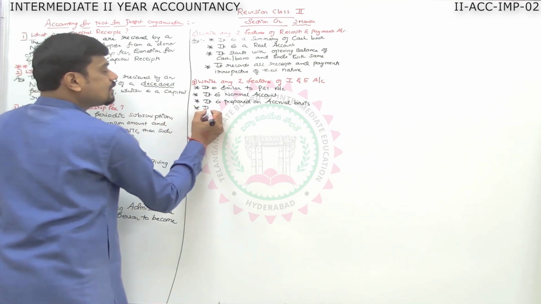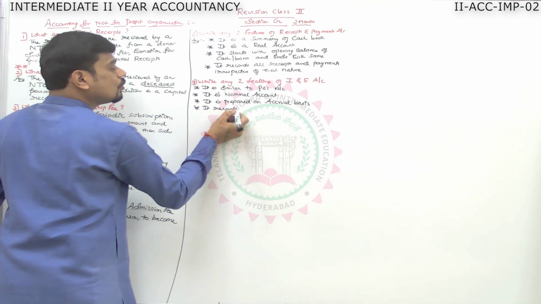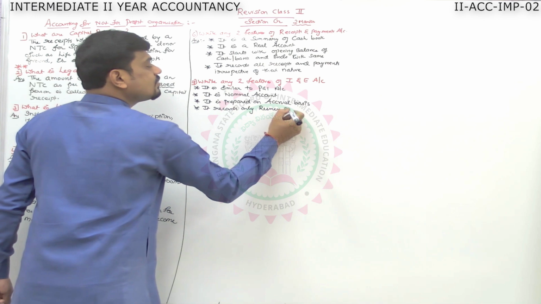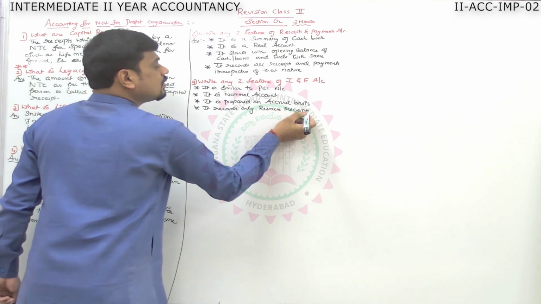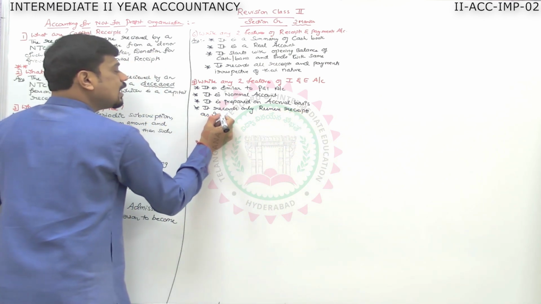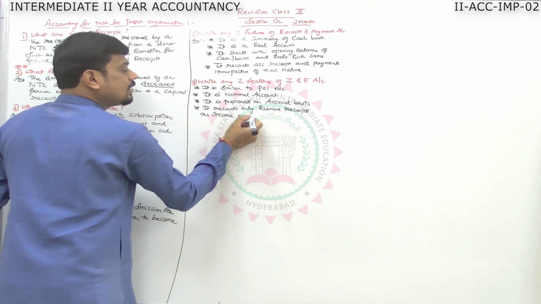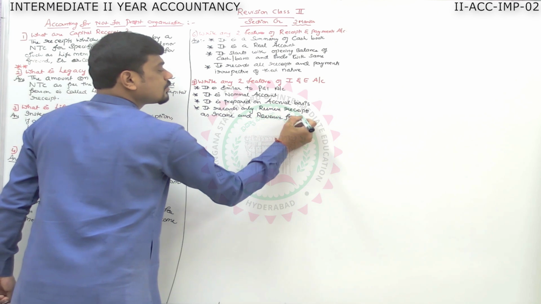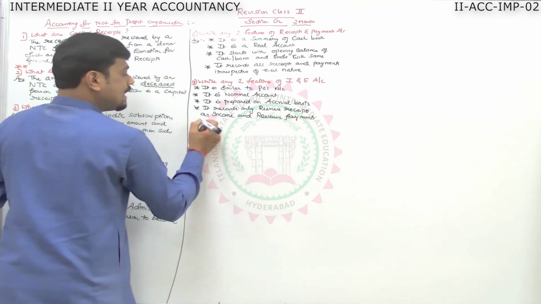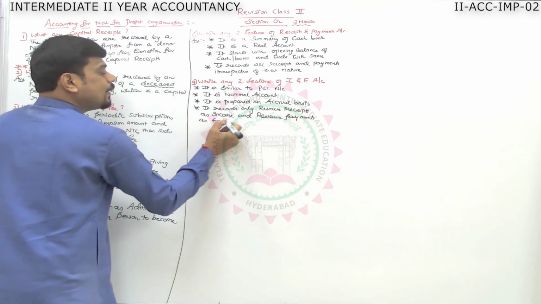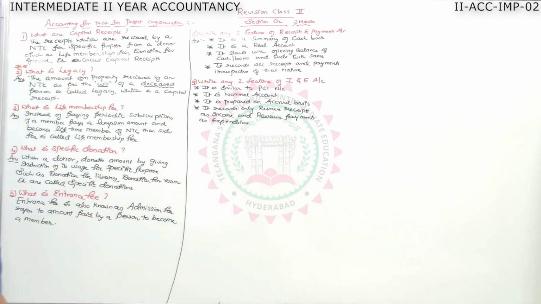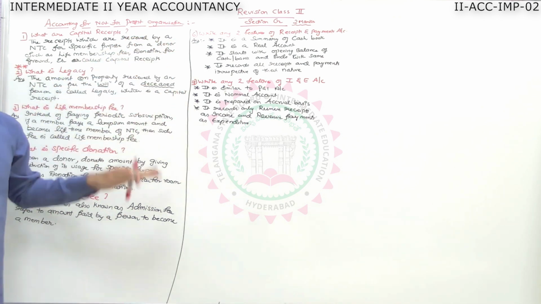Then it records only revenue receipts as income and revenue payments as expenditure. That's it. If you want, you can write it shows surplus, deficit, all those points also you can write.